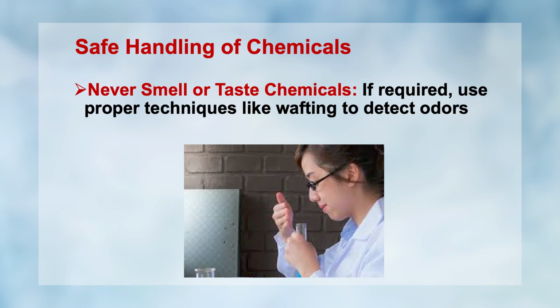Now, never smell or taste chemicals. This is a very important safety precaution that every student has to adopt whenever working in a chemistry laboratory. If required, use proper techniques like wafting to detect odors.